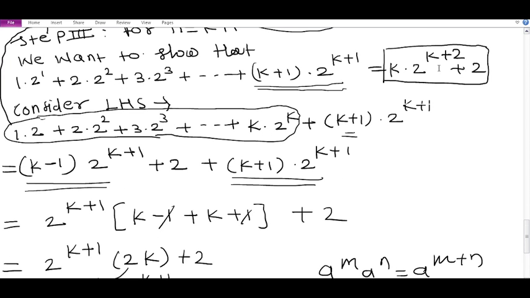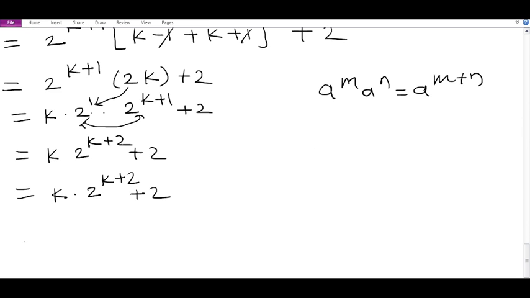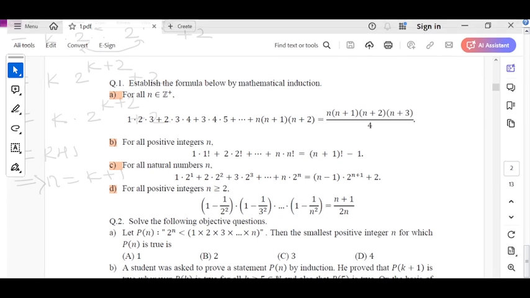This is equal to RHS, and hence by mathematical induction, the result is true for n equal to k plus 1, and hence the result is true for every positive integer.